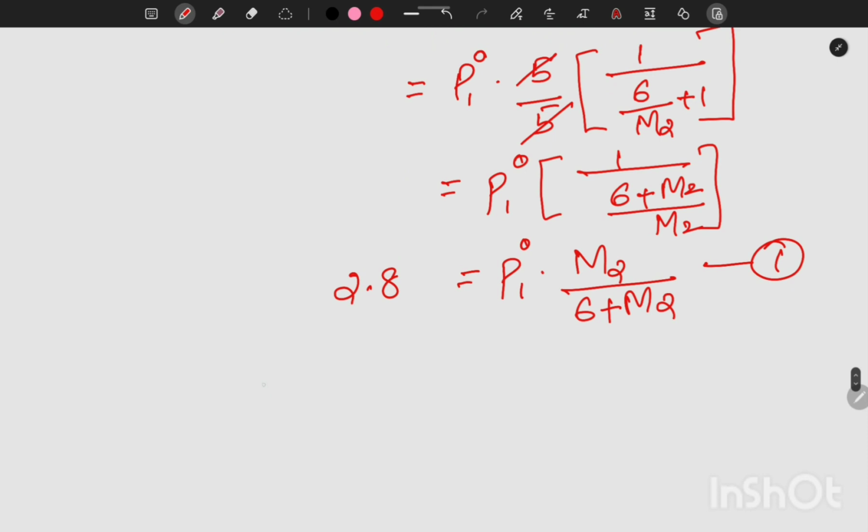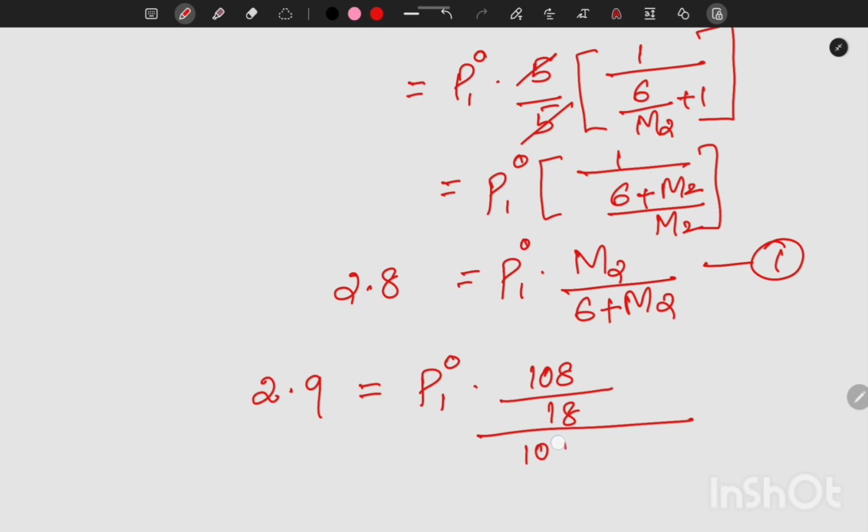Similarly for case 2, there P1 is equal to 2.9 is equal to P1⁰ into χ1. So here mass of solute is 30 and mass of solvent is 108. So number of moles of solvent 108 by 18 divided by 108 by 18 plus 30 by M2.